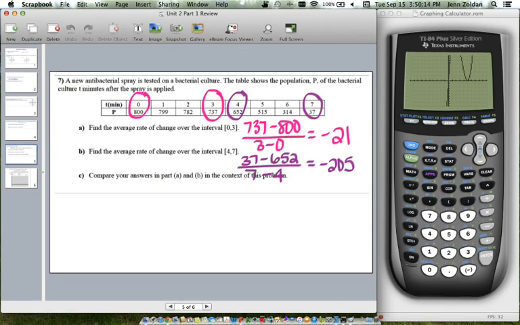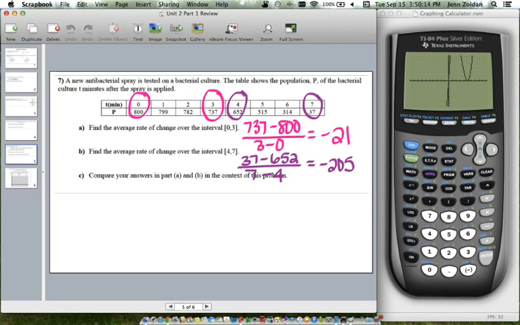Okay, so compare your answers in part A and B in the context of the problem. So as time increases, more bacteria are getting killed by the antibacterial spray. So from 0 to 3 minutes, they only killed 21 bacteria, and then from 4 to 7 minutes, they killed 205 bacteria.